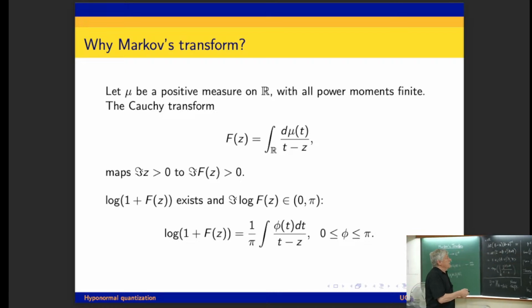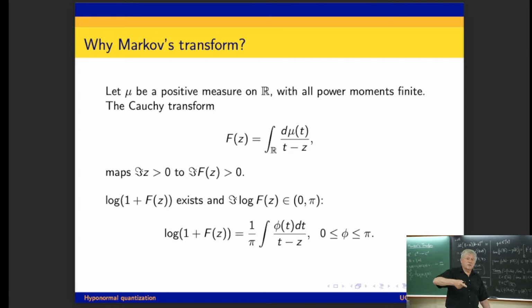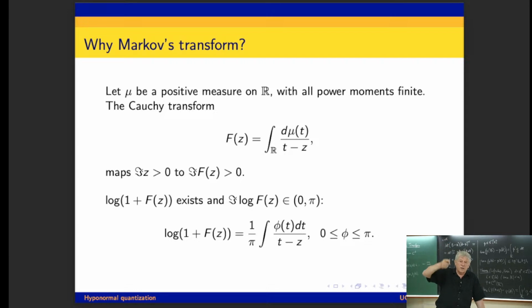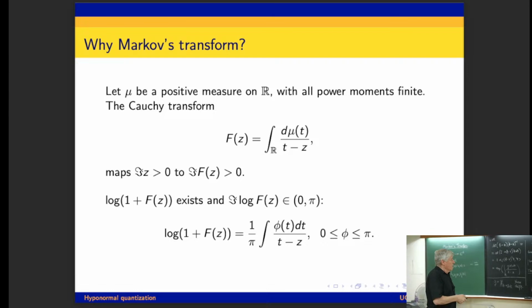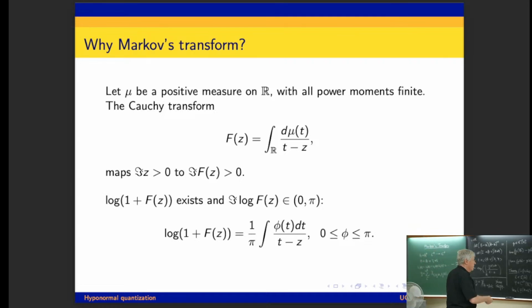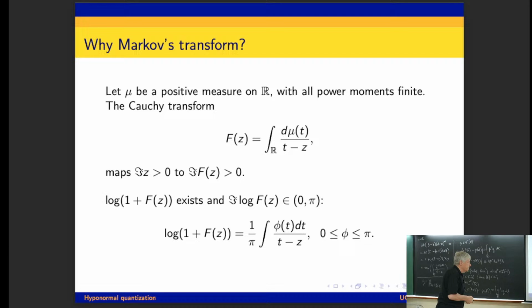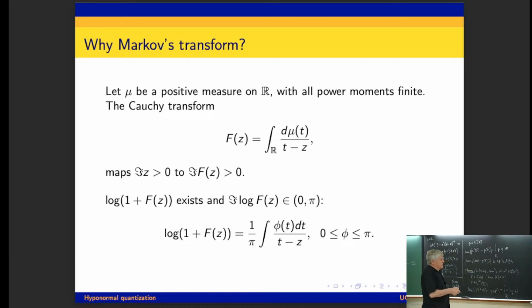If the measure has all moments, then along the imaginary axis, this function will have an asymptotic expansion, and it's rather well behaved. And for that reason, we add a 1 to control a little, to gauge the behavior at infinity. If, for instance, mu has compact support, then this is analytic outside the support, and obviously the value at infinity will be 1.